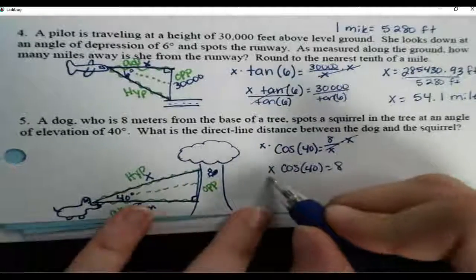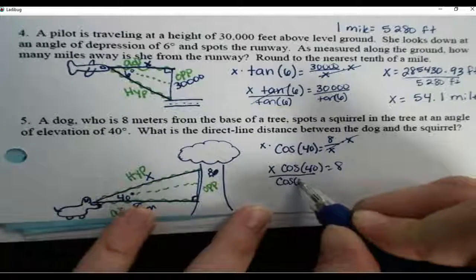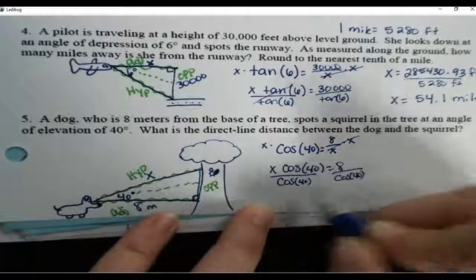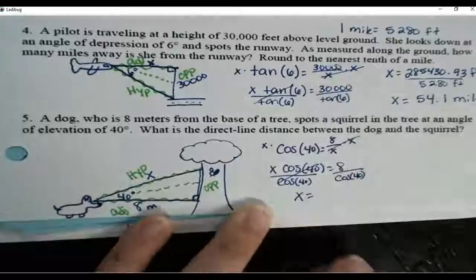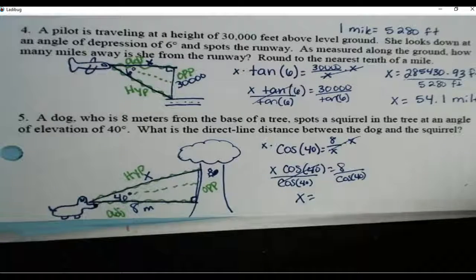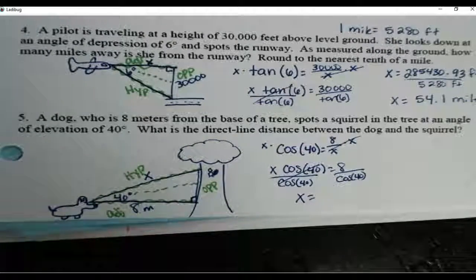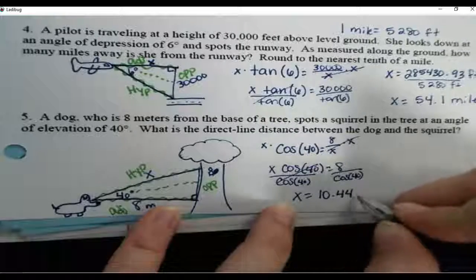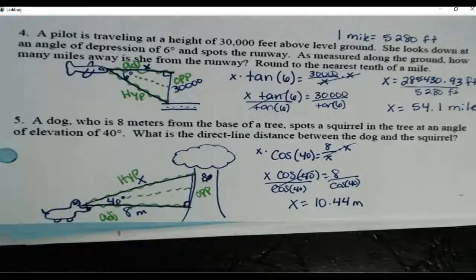Good, divide. And what do you get? Good. 10.44 meters. Very good. Any questions?